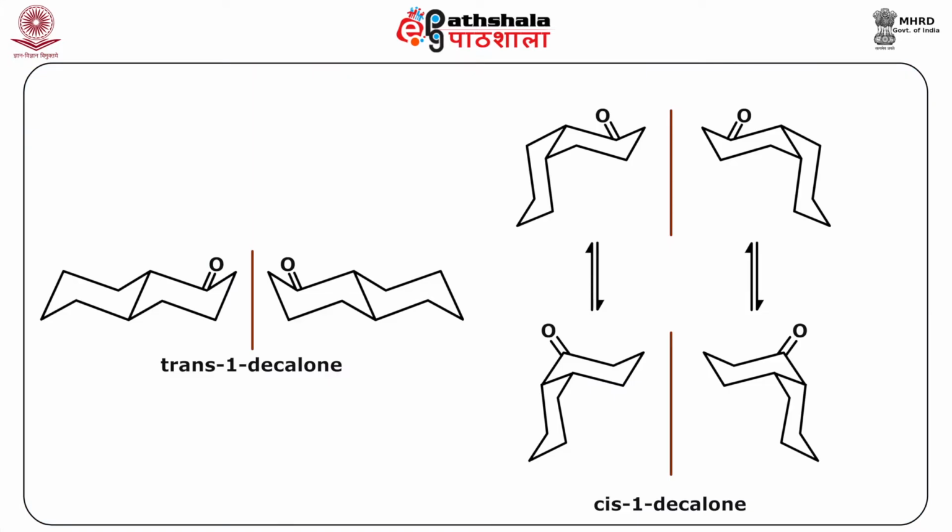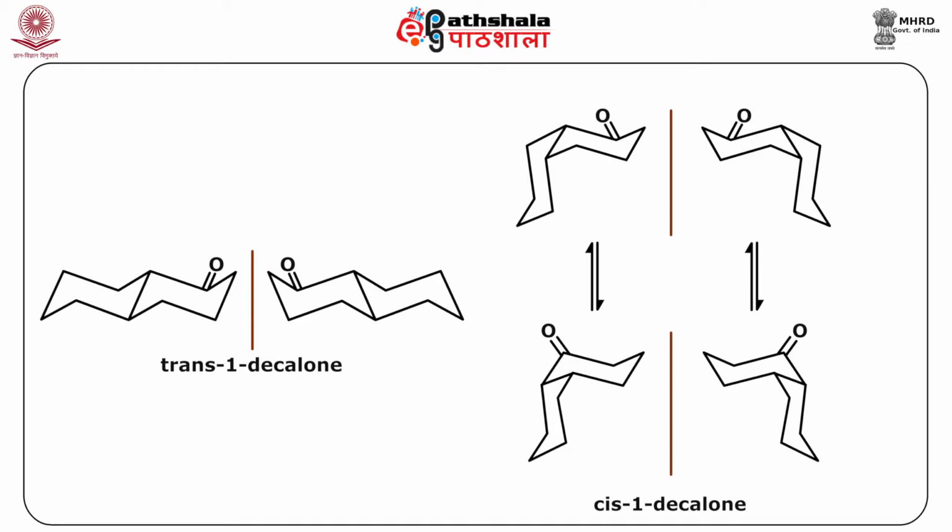Let us identify the possible stereoisomers in each of these cases. In decalones, we would first have two geometrical isomers, cis and trans, and both of these isomers would have mirror images that are non-superimposable. That is, they would exist in resolvable enantiomeric pairs as shown in the figure for 1-decalone.